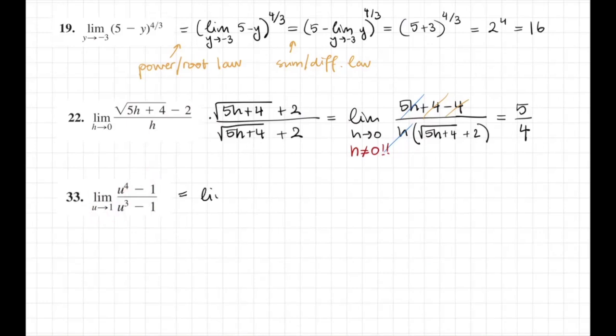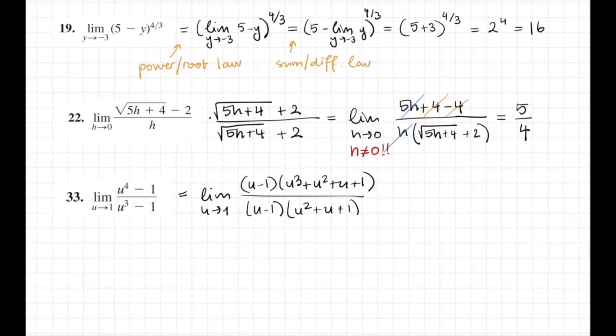And we have here, as u equals 1, u minus 1 times this. As we talked about in the previous part, these cancel, and we can plug in 1, which gives 4/3.